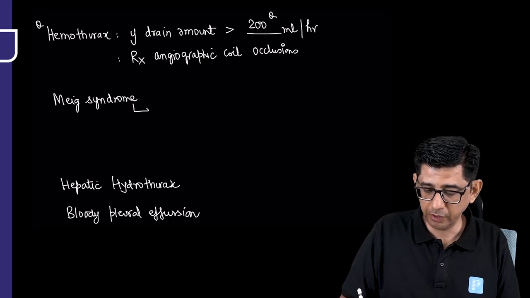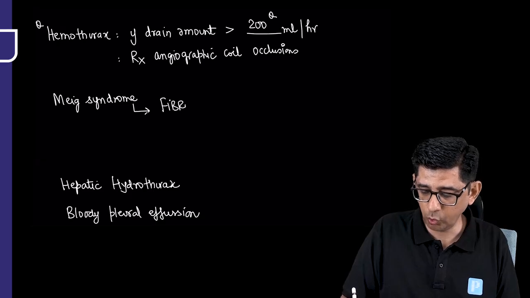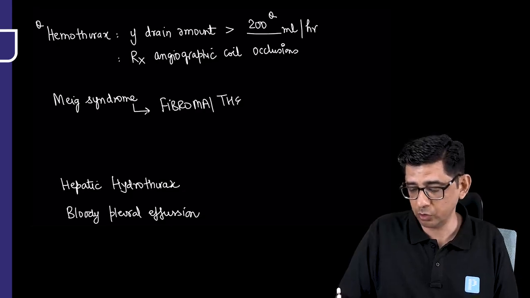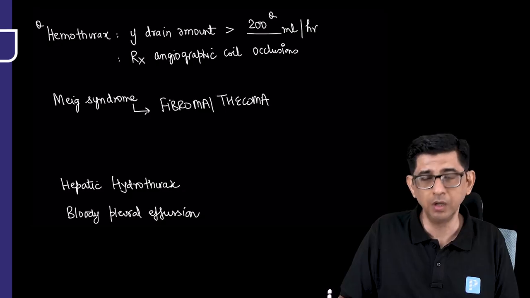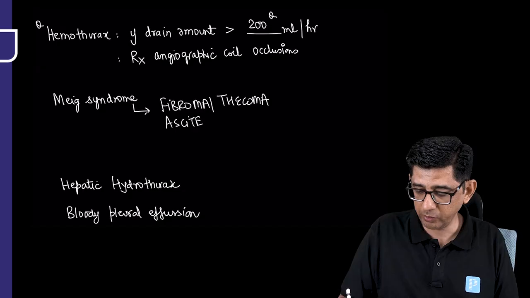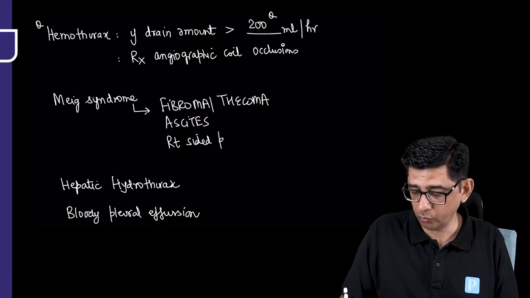Then there is a question integrated from OBGY, Meigs syndrome. Meigs syndrome is seen with benign ovarian tumors, and usually the benign ovarian tumors with which Meigs syndrome is seen are fibroma or thecoma. Along with that, there can be presence of ascites, that is fluid in the peritoneal cavity, and there would be pleural effusion, and usually this would be a right-sided pleural effusion. Now, why is it right-sided?